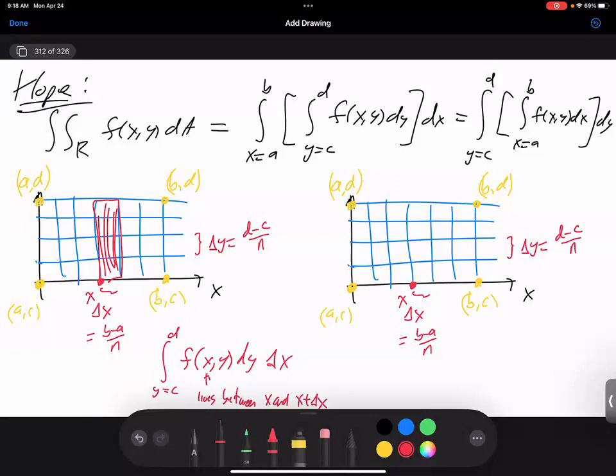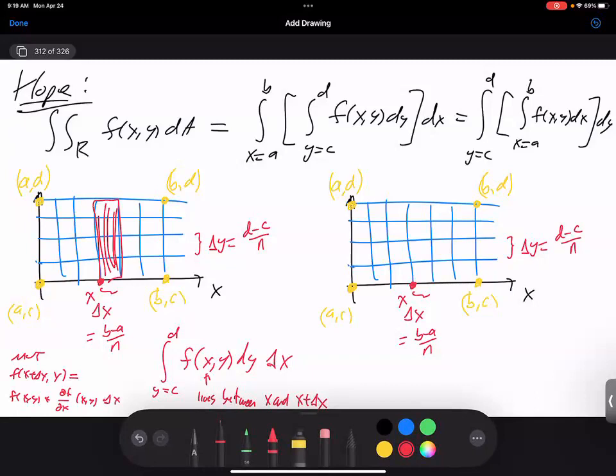So we're using almost like the mean value theorem: f of x plus delta x, y is equal to f of x, y plus df dx at x, y times delta x.